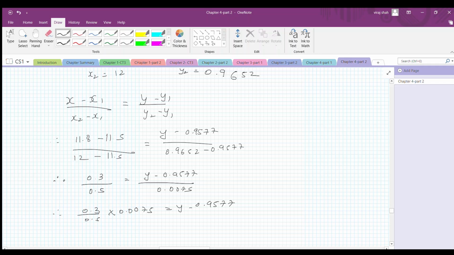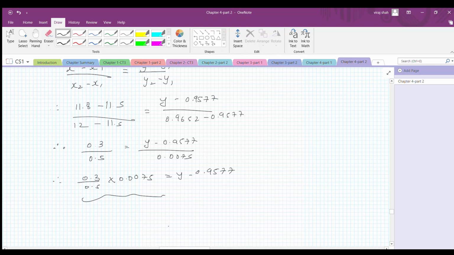If I calculate this further, it would be nothing but 0.0045 is equal to y minus 0.9577.